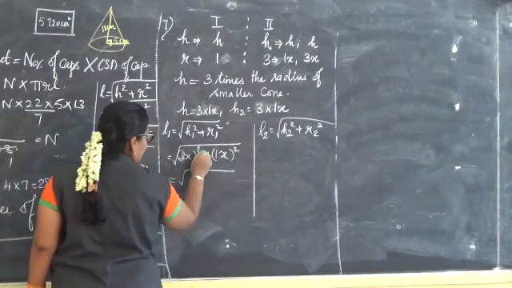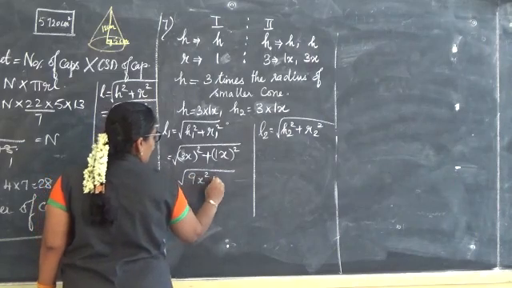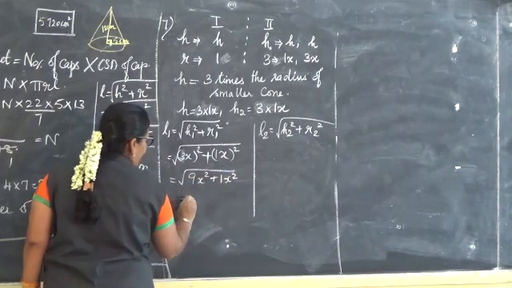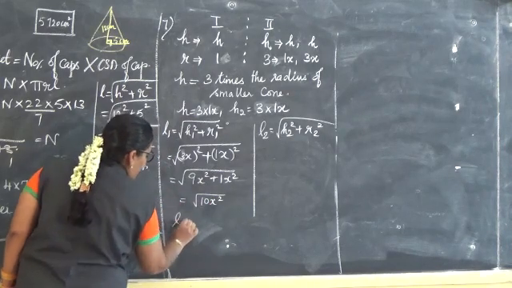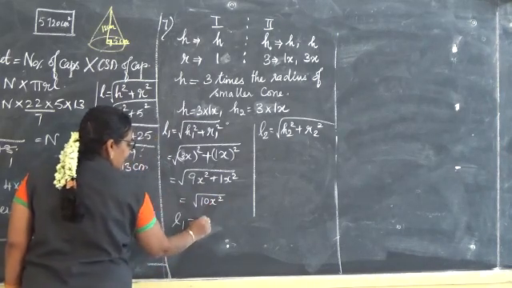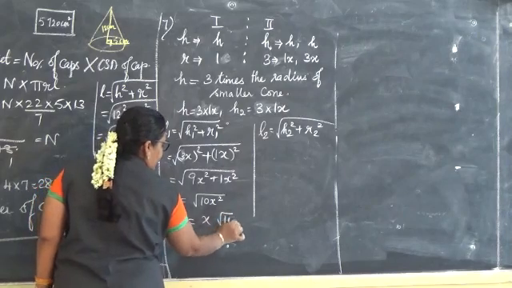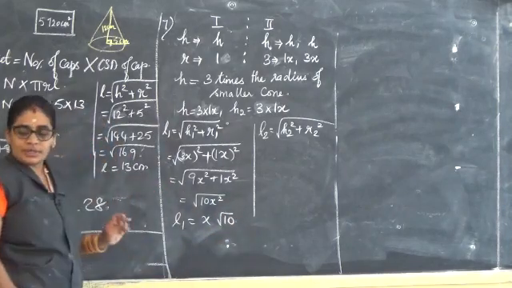So your answer will be 9x square plus 1x square, and it will become square root of 10x square. L1 can be taken, x can be taken out, but I am keeping that one as x root 10.